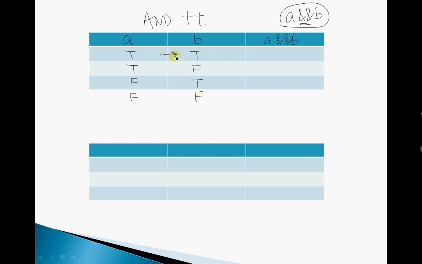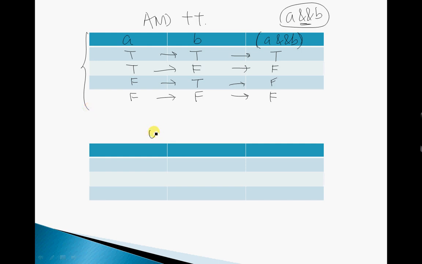If A and B are both true, this expression will be true. If either one is false, this expression will be false. If both are false, A and B will also be false. So this is the truth table for the AND operator.